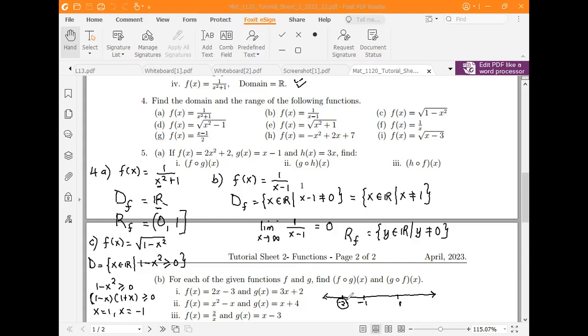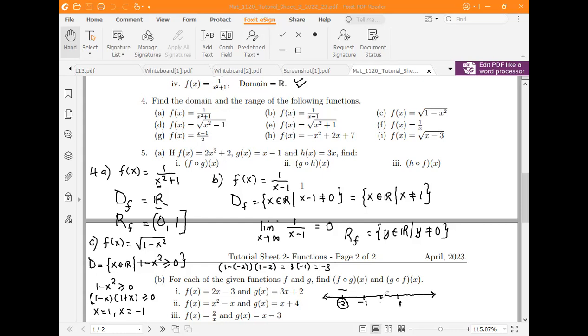What are we having? We have 1 minus -2, we also have 1 plus 2, which will be 3 multiplied by -1, which is -3. So it means that in this interval, we'll have negatives.